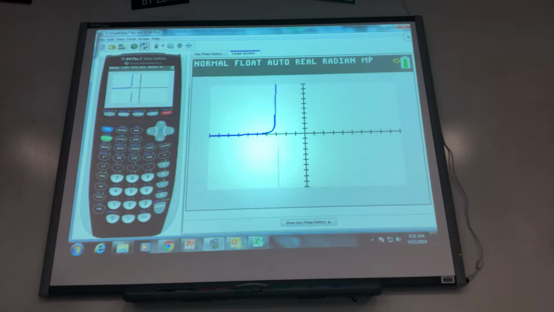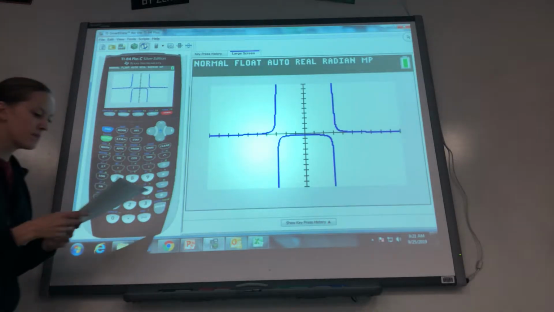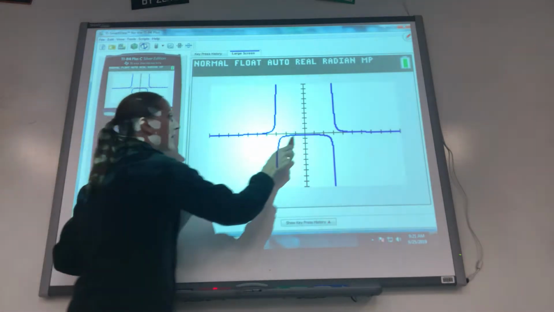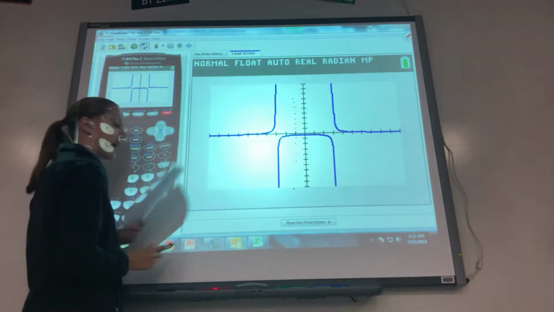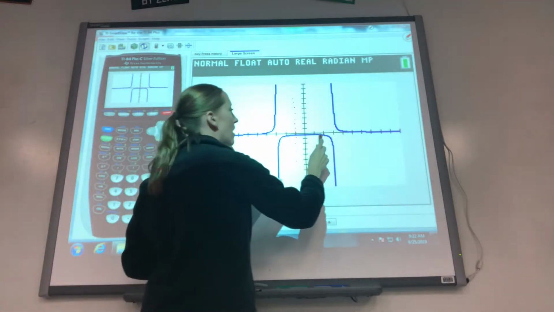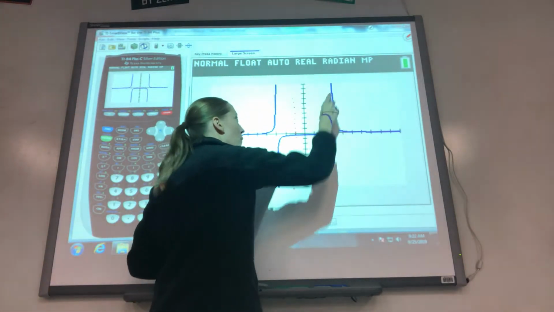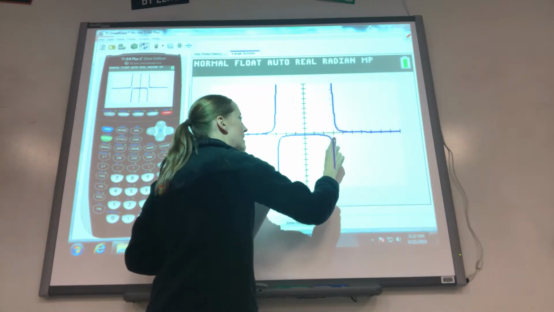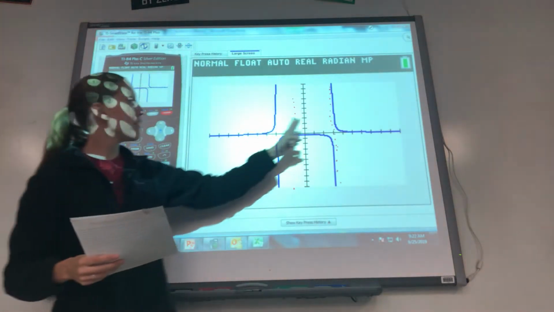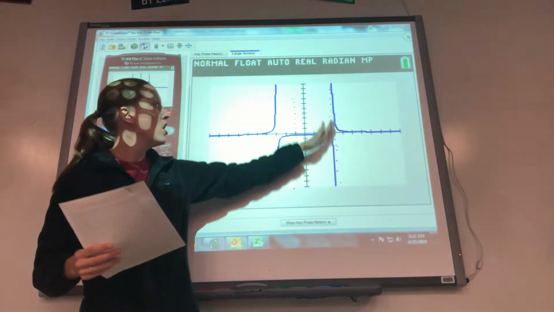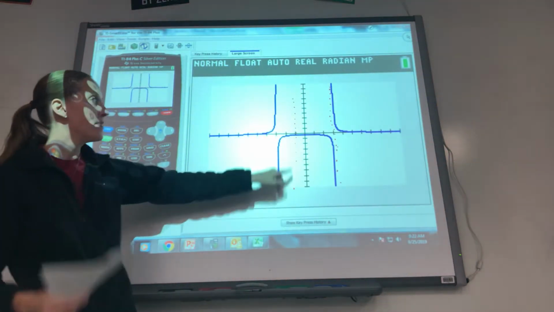So again, you're not looking at the whole thing. You're just looking from the x value of -1, which is right there, to the x value of 3. I'm going to go ahead and put a line here, but it appears that there's a vertical asymptote where x is 3.